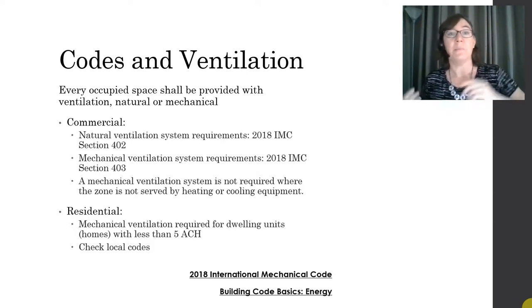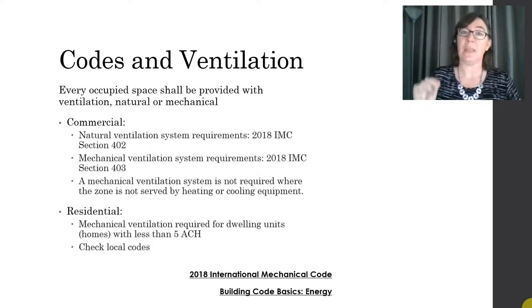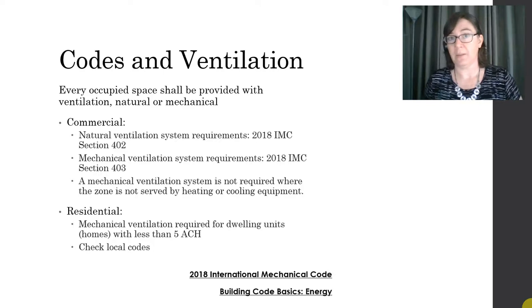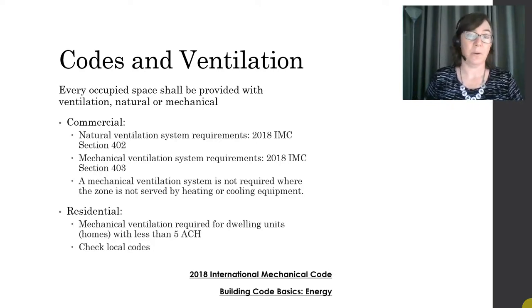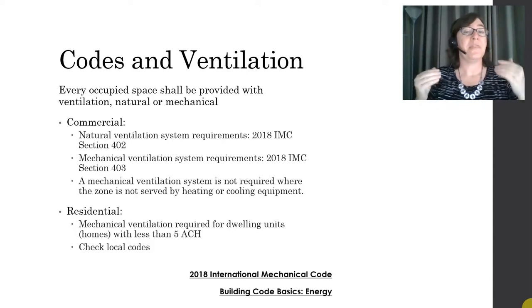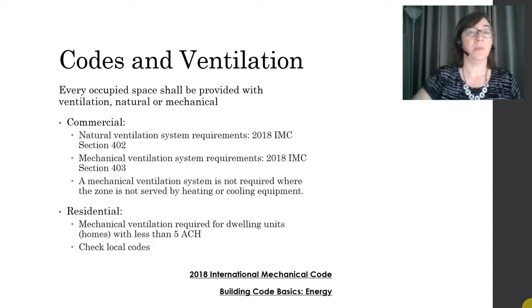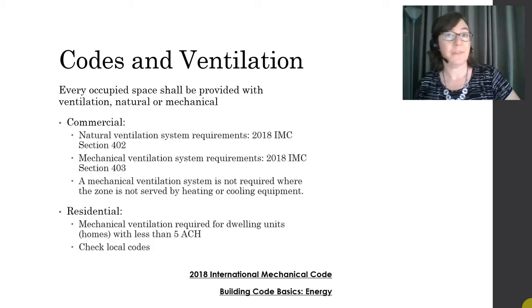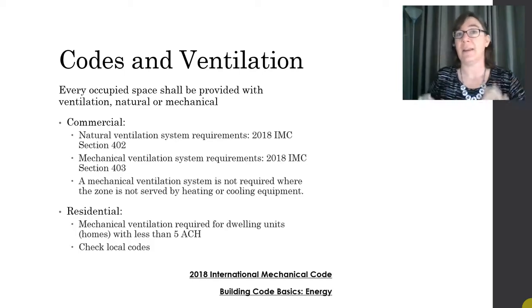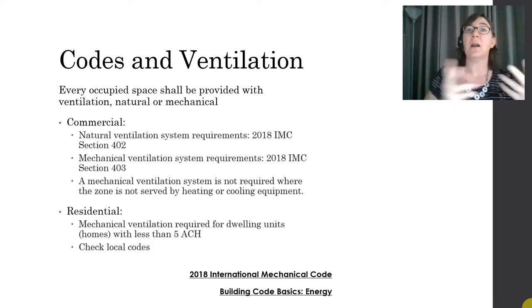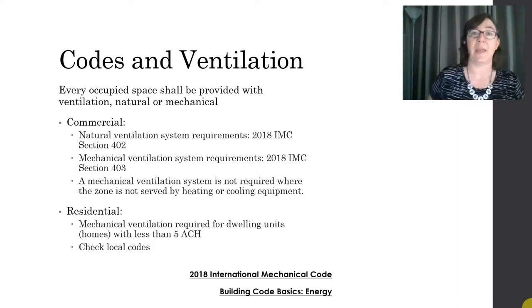For residential, mechanical ventilation is required for any dwelling units, which means homes, with less than 5 air changes per hour. And that's most new homes. The old drafty homes might have had an air change per hour of 4 to 5, but our newer homes are much tighter than that.